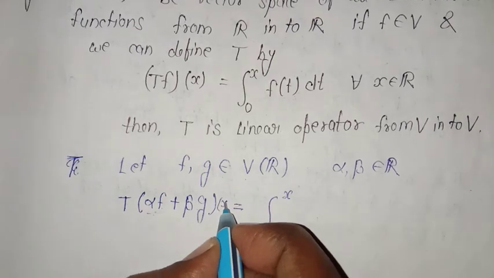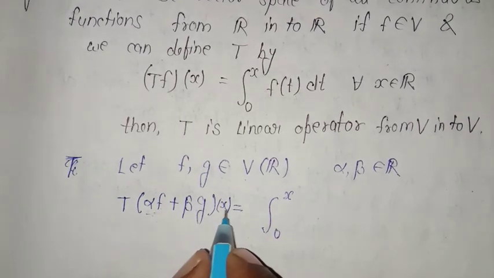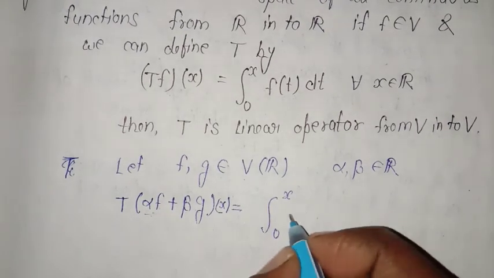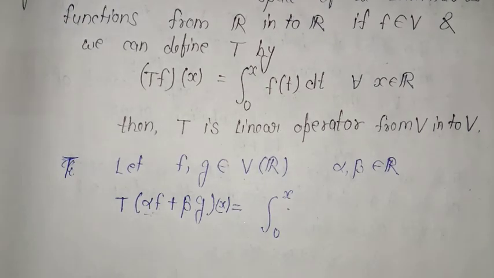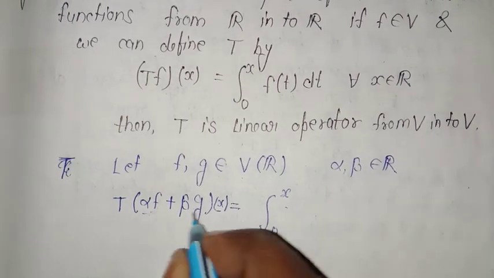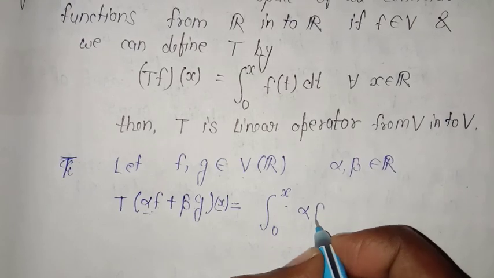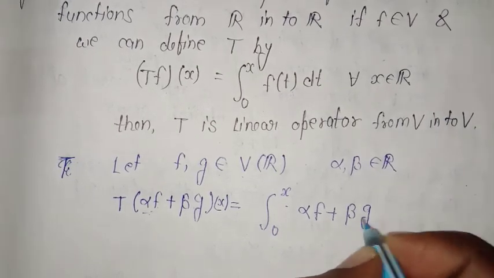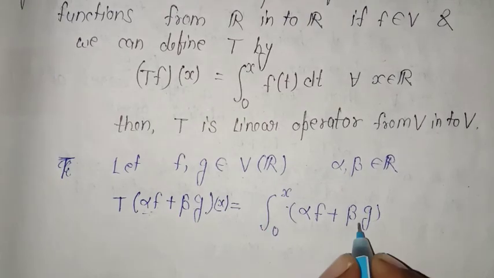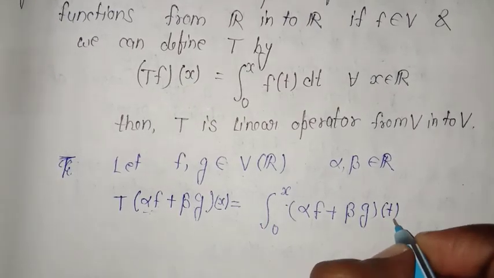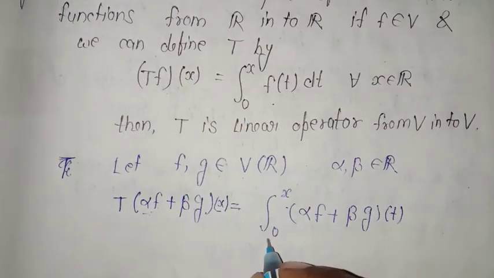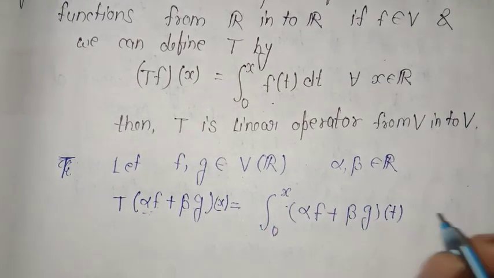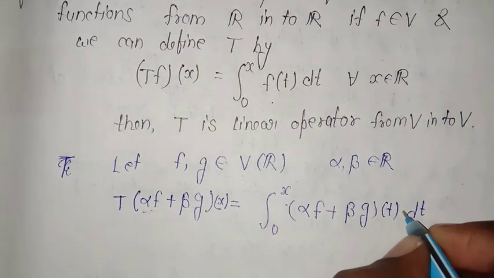Here we will use x also because these are polynomials in x, and we know that all polynomials are continuous. So this becomes alpha f plus beta g. Now, under the integration, this becomes the function of t according to the definition, and we are applying the limit from 0 to x into dt.